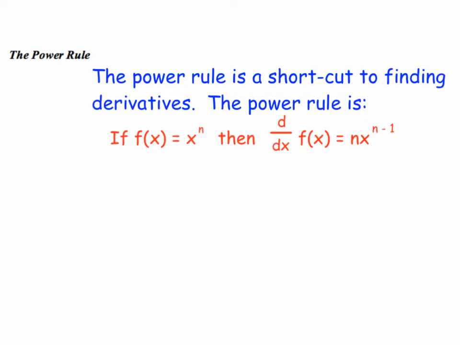The examples we're about to go through explain it a lot more clearly because you'll actually see it with equations or expressions. So the exponent comes to the front and you minus 1 from the exponent.